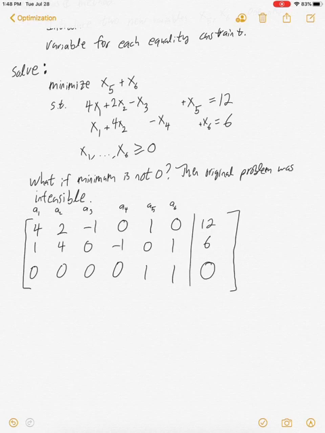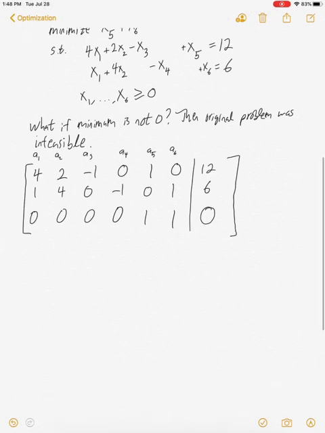Okay. So this tableau is not in standard form. The reason is that we look at our columns that have an identity matrix, which are columns 5 and 6, and we don't see zeros below those columns. So we need to perform row operations to move our tableau to standard form.